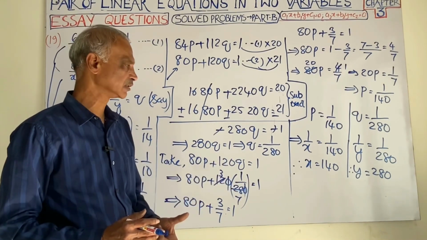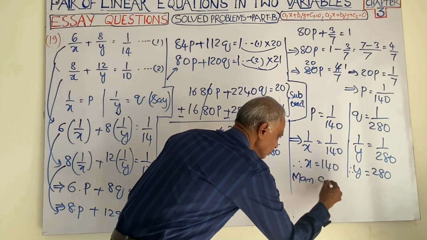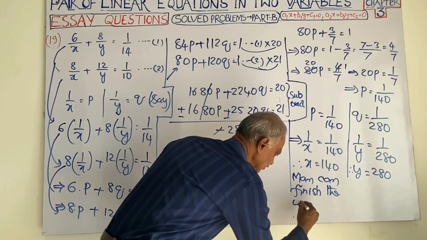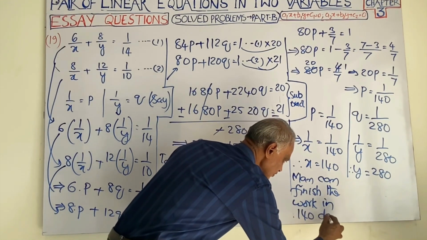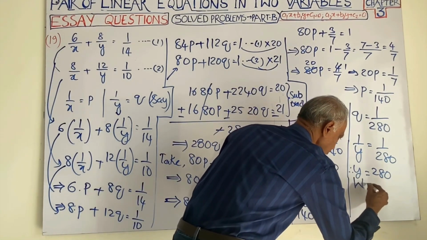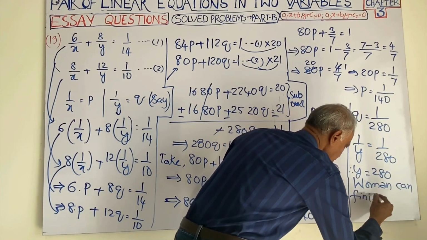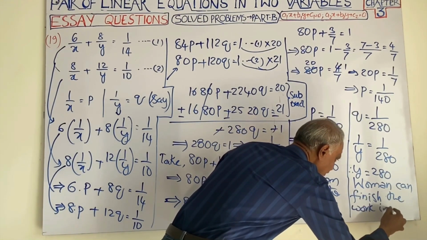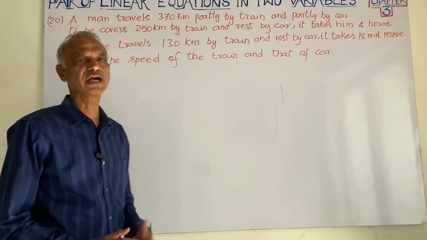Woman can finish the work individually in 280 days. Man can finish the work in how many days? 140 days. Now, woman can finish the work in 280 days.